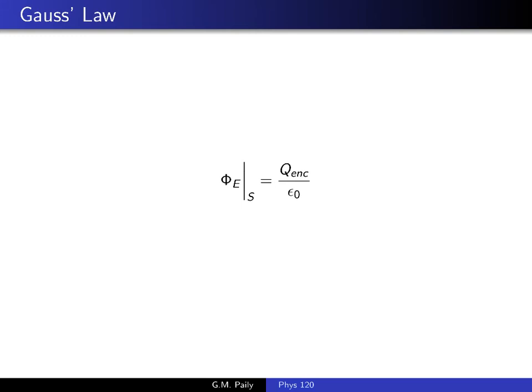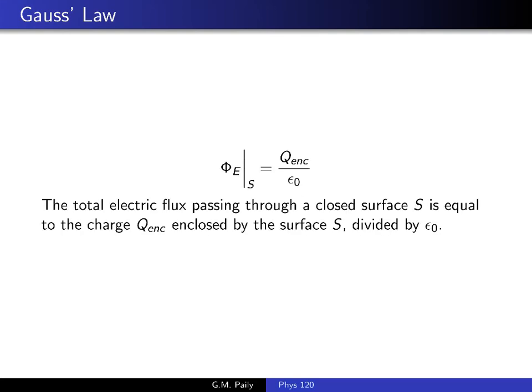So now we come to the statement of Gauss's law. This is what it looks like mathematically. And in the next video, we will unpack exactly what all these terms mean. But first, let's put it in words. The total electric flux, which is represented by this symbol, phi sub E, E for electric, passing through a closed surface S. So this is the electric flux, which can only be evaluated using a surface.